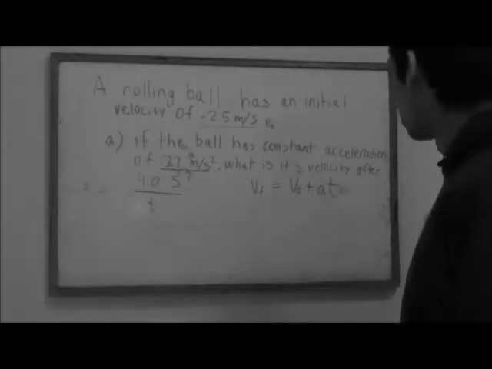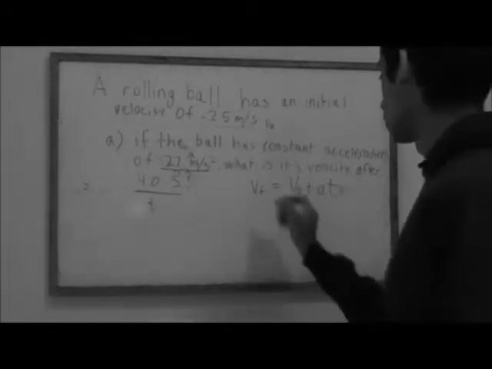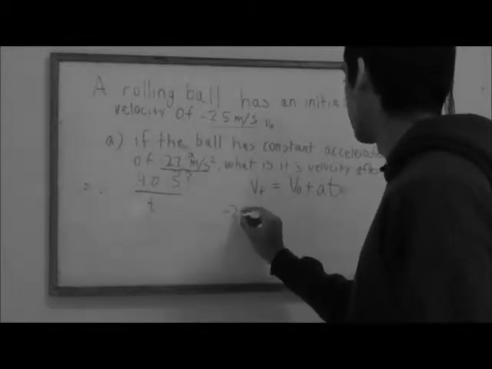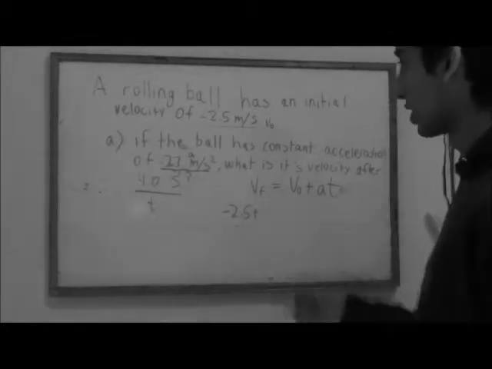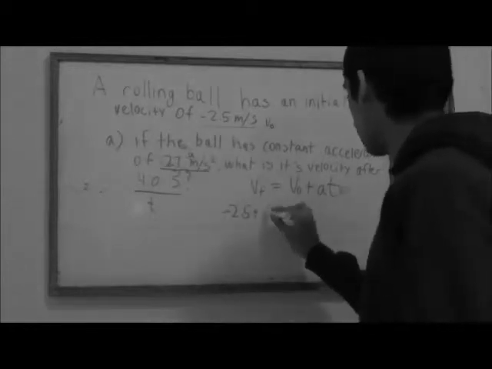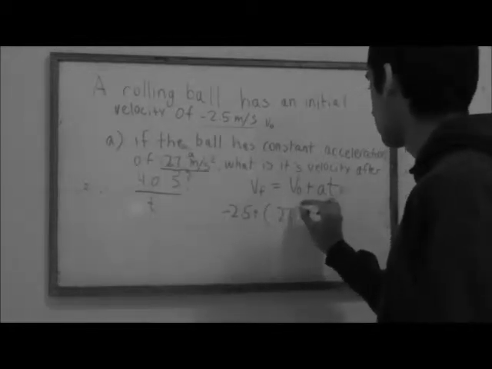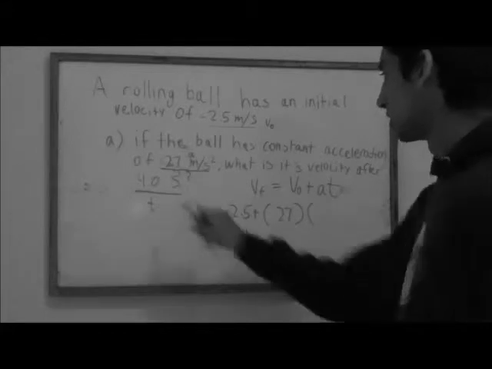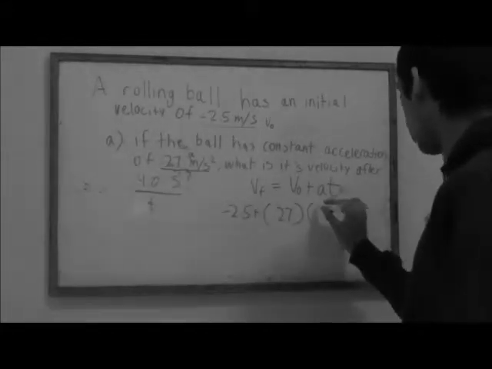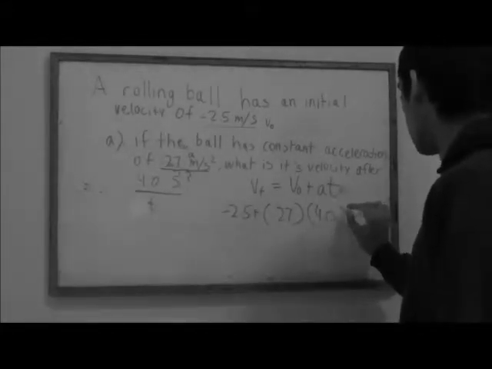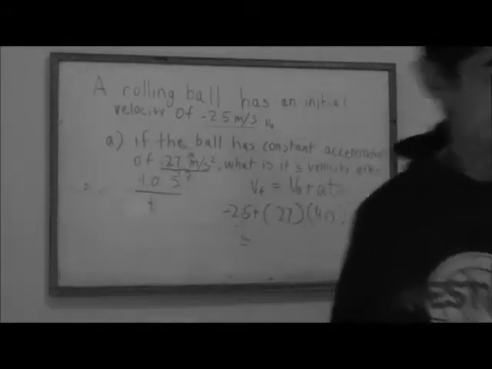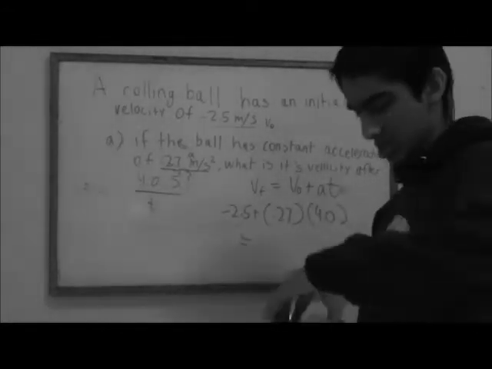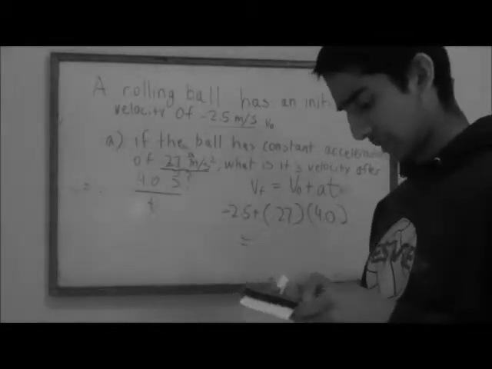So, V0, negative 2.5, plus acceleration, 0.27, times t. What's t? 4, okay, so 4.0. Cool.